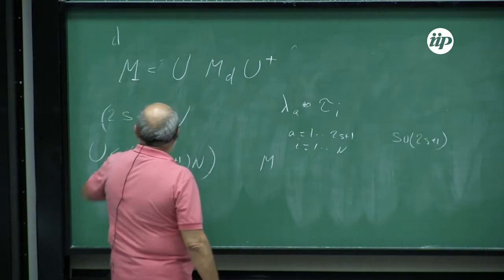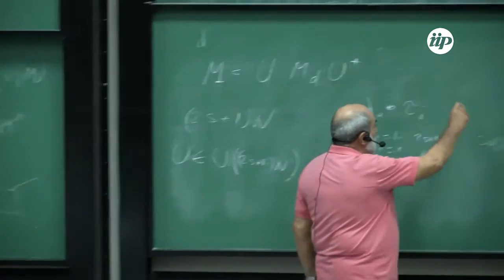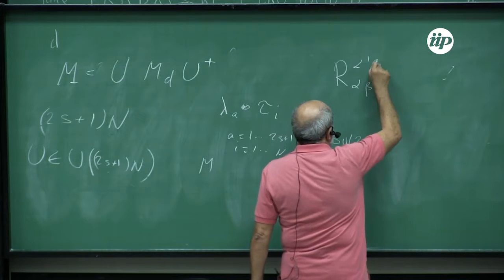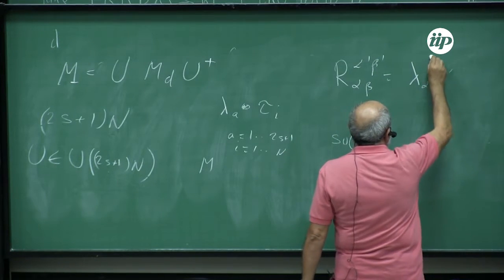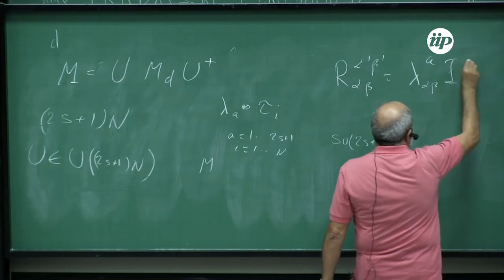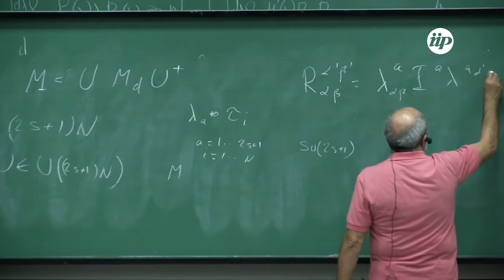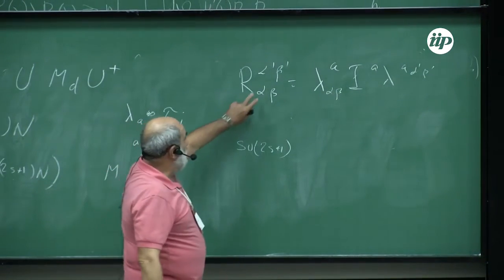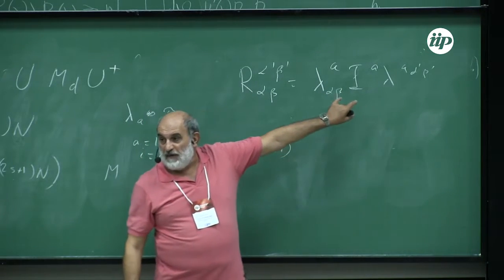So usually our matrix has quite a general form. Our matrix has the form lambda alpha beta, some R_IA, lambda A alpha prime beta prime. Quadratic, it has formally four legs. In each pair, you can expand over generators of our matrix.